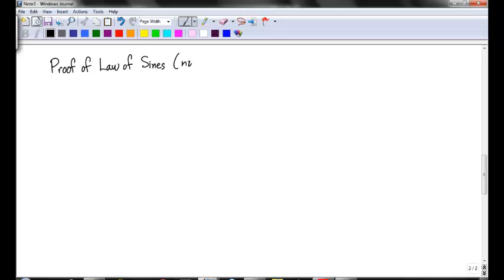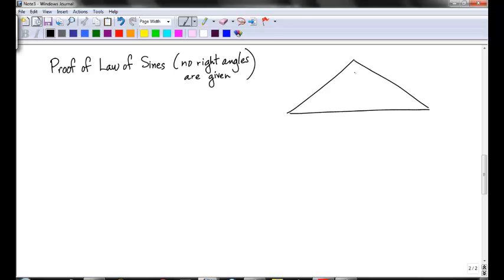This is where no right angles are given. So draw a triangle. Label this as A, this is B, and this is C. Let's say that's an oblique triangle. There's no right angles.